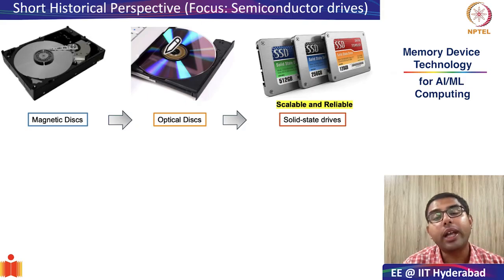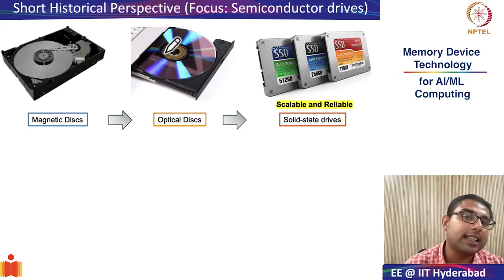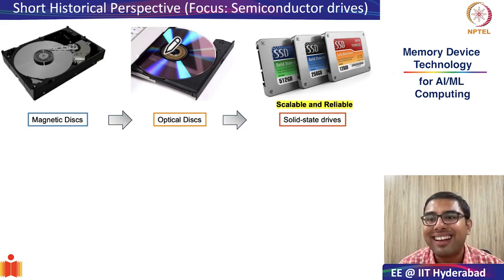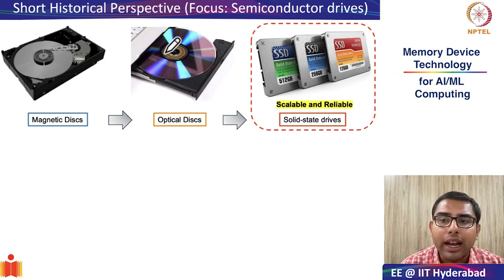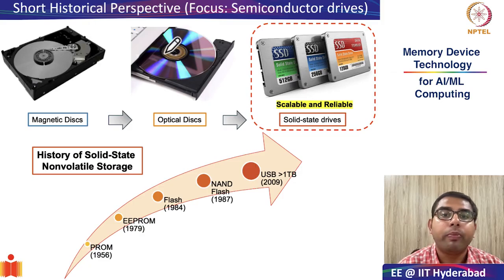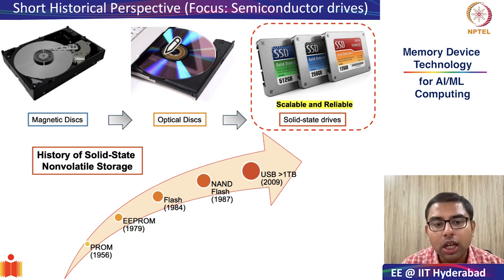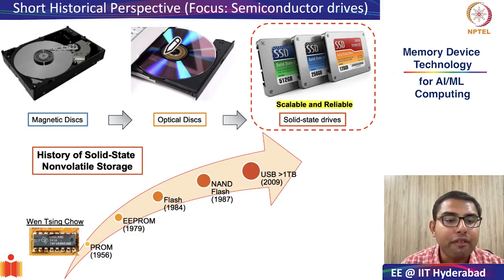Of course, the scalability has also come with real advances in nanofabrication technology, as we have been seeing for other solid-state memory devices like SRAM and DRAM. So the history of solid-state drives is rich, but we will focus mostly on flash memories. But just for your information, the actual beginning of solid-state drives began from the 1950s, where Wen Xing Chao discovered the programmable read-only memory.